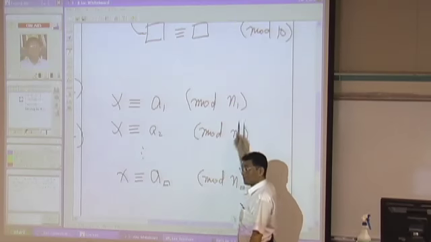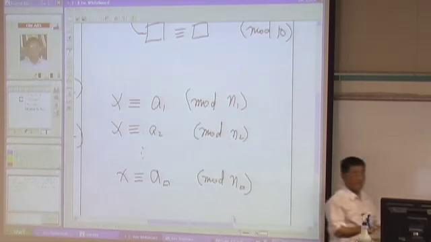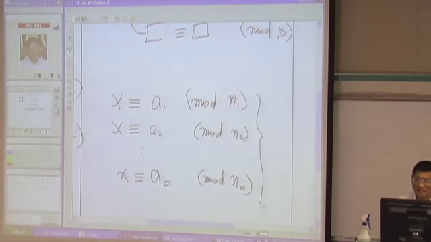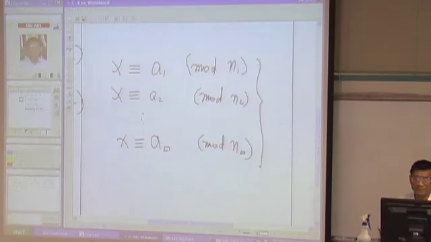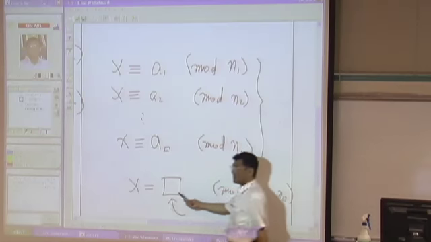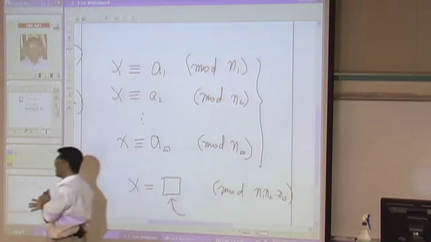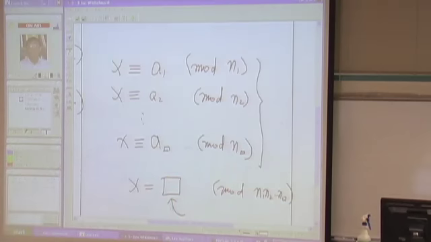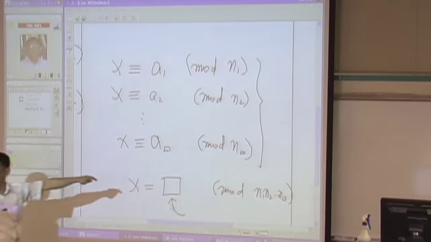All of these numbers are relatively prime. Then Chinese remainder theorem says, oh, then x is congruent to some number mod the product of these numbers n1, n2, all the way up to n. This is called the Chinese remainder theorem. And then also it states the method of finding this number. And where we use Chinese remainder theorem will be briefly mentioned. Unless you have a question about the statement itself. The theorem itself.